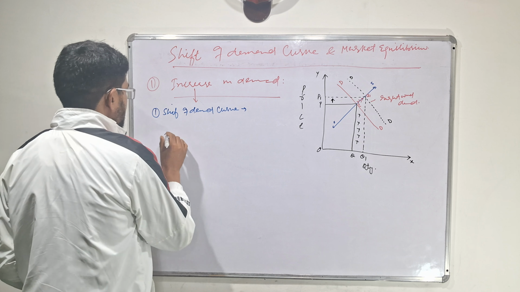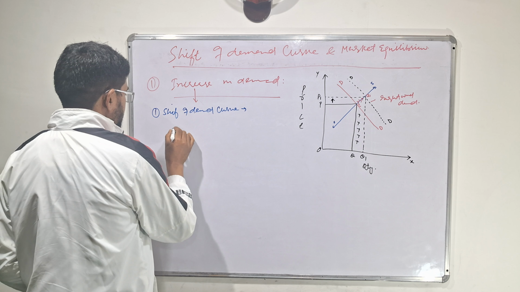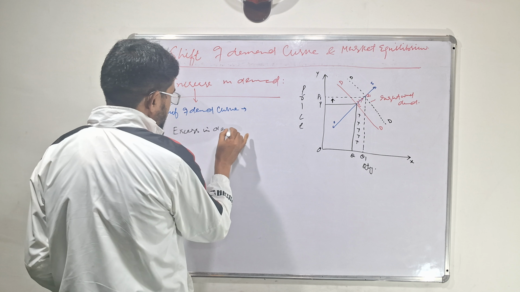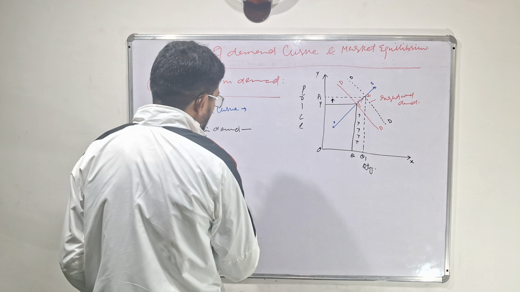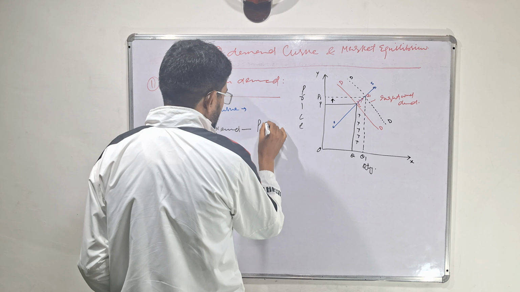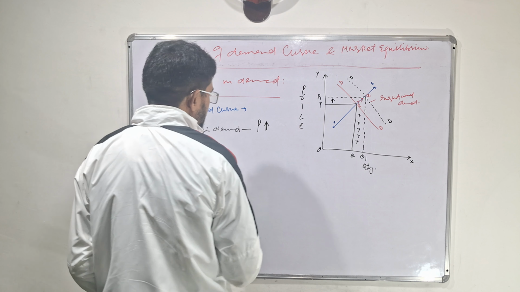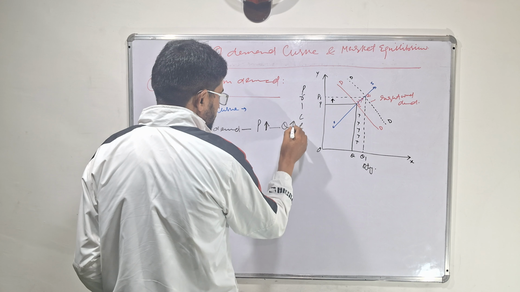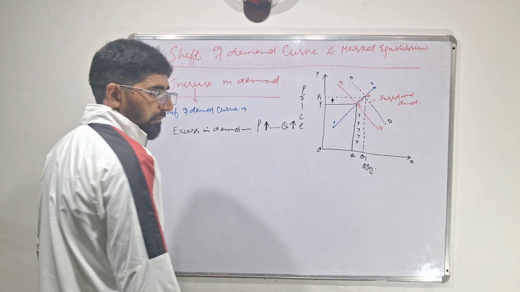Rightward shift leads to excess demand. What will be the impact of excess demand? It will lead to an increase in price, I will write in short form. With the increase in price, quantity supplied will increase.